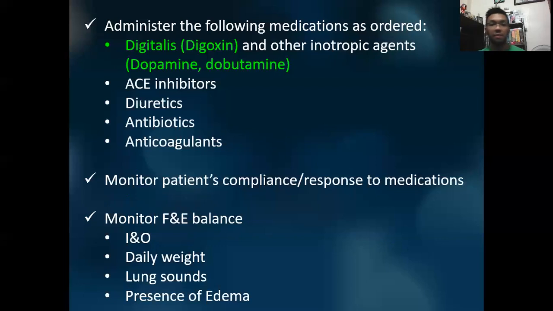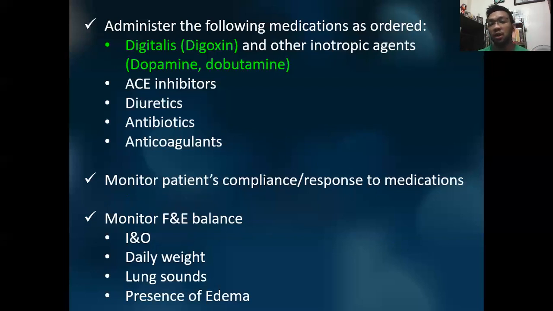We also need to monitor the patient's compliance or response to medications. We need to evaluate if they are improving with these medications. We need also to monitor the patient's fluid and electrolyte balance. Their intake and output is very, very essential, most especially if we're giving diuretics. That's one of our nursing responsibilities when giving diuretics, such as furosemide.